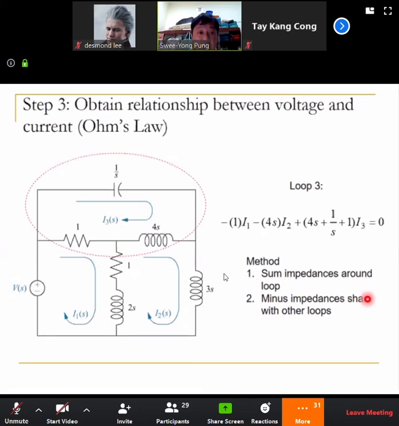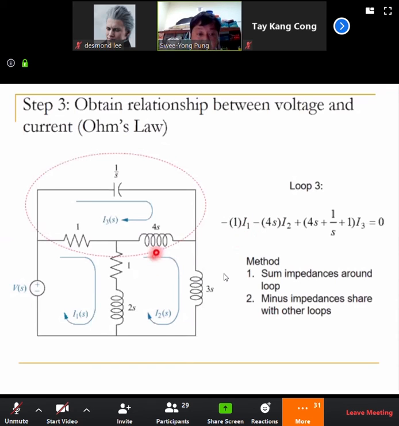Now let's look at loop 3. In loop 3, we have 3 components here, and the current flow is I3. So what we have here will be 1 over s plus 4s plus 1, bracket I3. The one shared with loop 1 is this component, so it is negative 1 multiply I1.